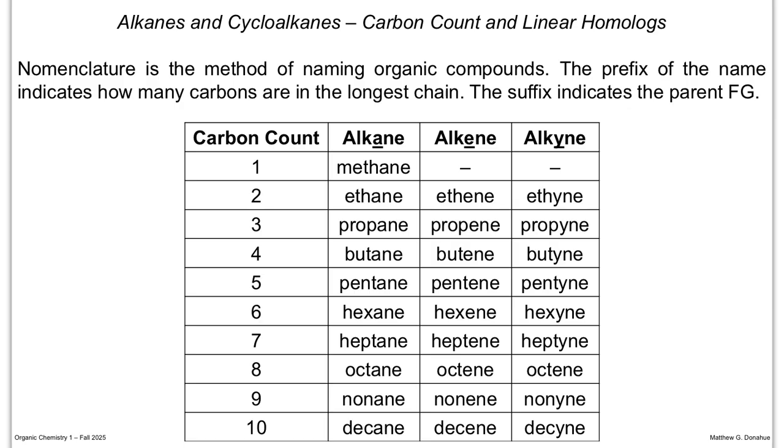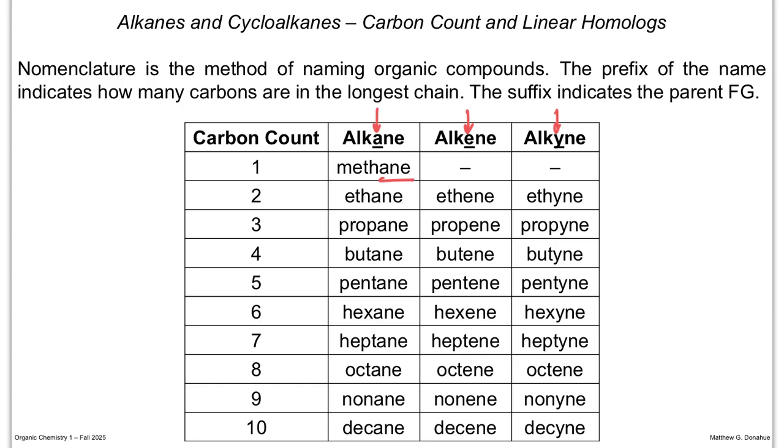But what you see in the 3 functional group columns, I have the A, the E, and the Y underlined. And so in the parent name, that ending or suffix will change, and that's telling you what functional group is present. So for alkanes, you'll notice that they all end in ane.